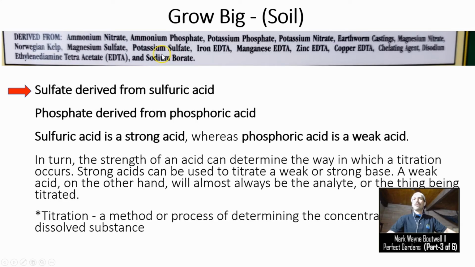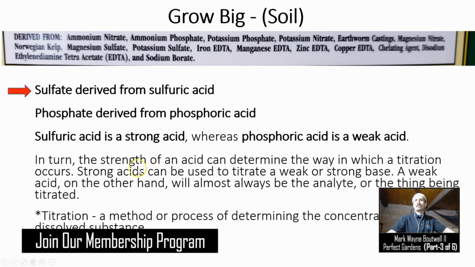And when you use a stronger acid, it actually allows the minerals to complete their chemical reaction. When you use a weak acid, the chemical isn't allowed to actually complete its chemical reaction, so you have just a lower quality mineral, in a sense. So just keep that in mind if you read down here.